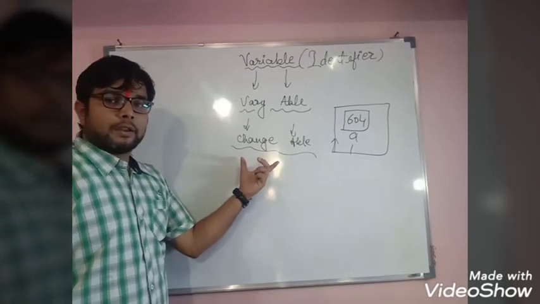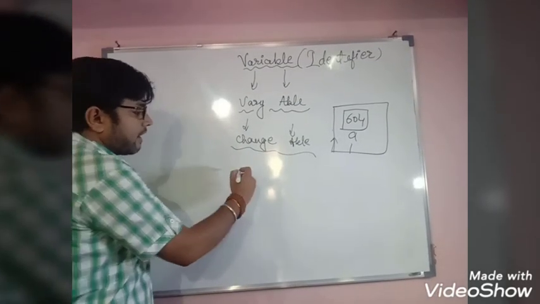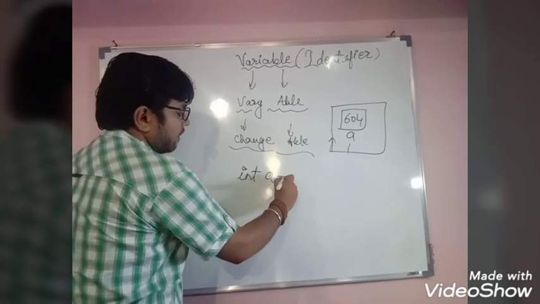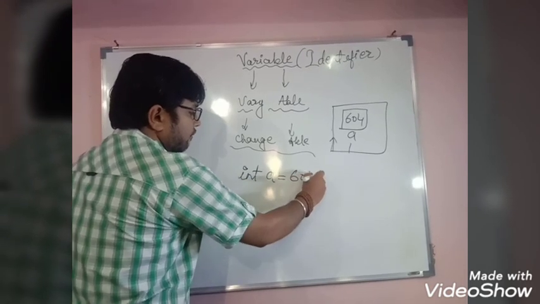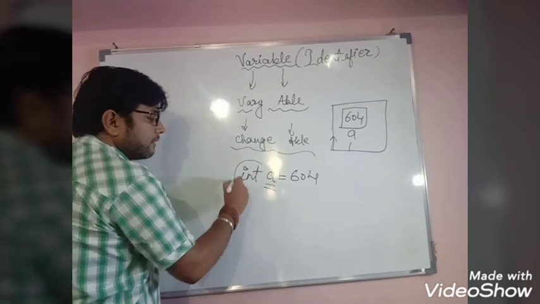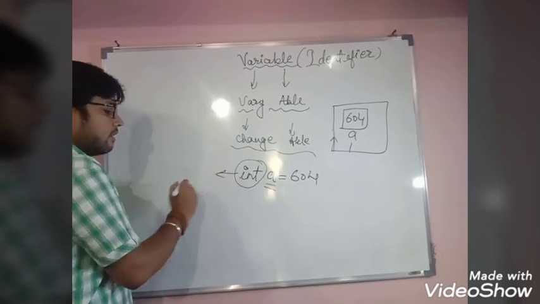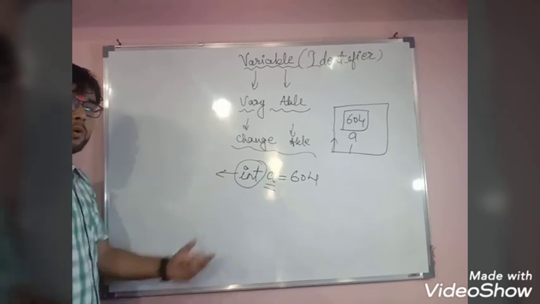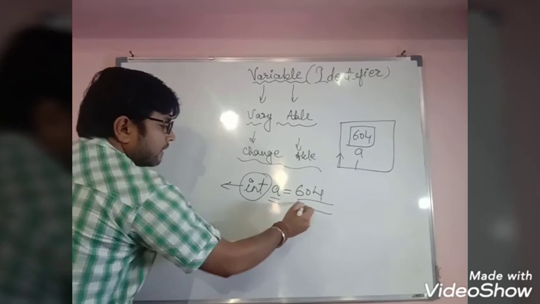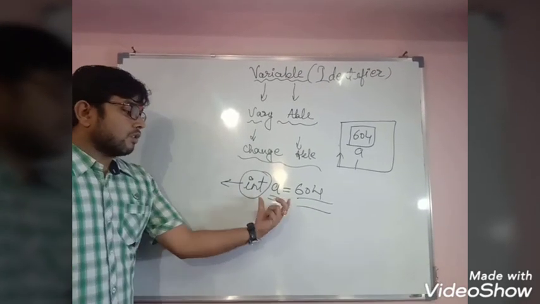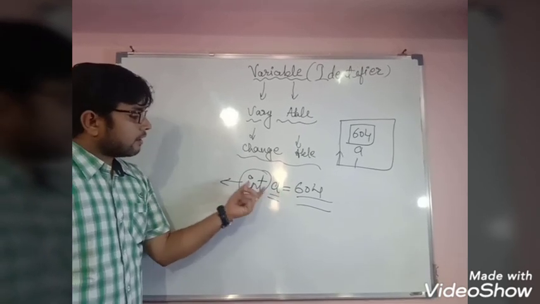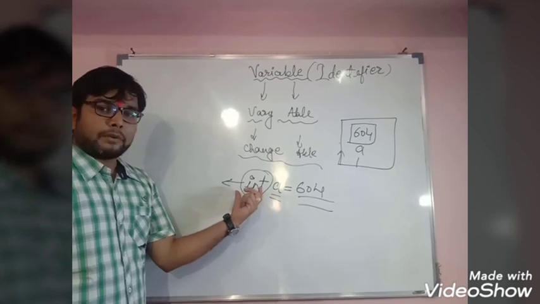An example of a variable: when we enter int a equals to 604, the compiler knows that a is of integer type. What is an integer? An integer is a whole number without a decimal point. If you write anything without a decimal point, then this is an integer. So if you write a with int, the compiler knows that you are using a of integer type.